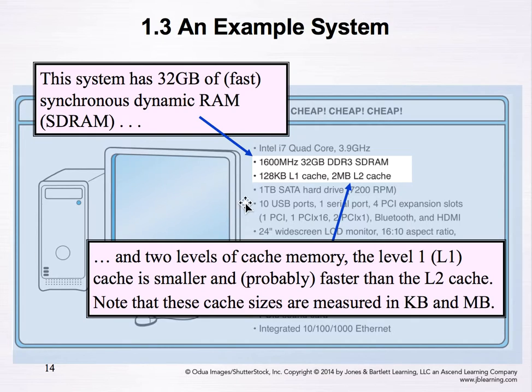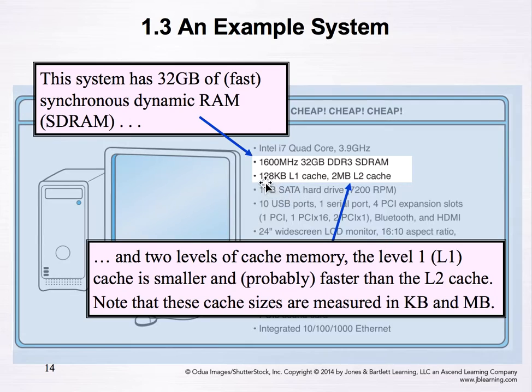The next information right here denotes the information of the RAM. This information says that this system has a RAM capacity of 32 gigabytes, and the type of RAM is synchronous dynamic RAM, so SDRAM.